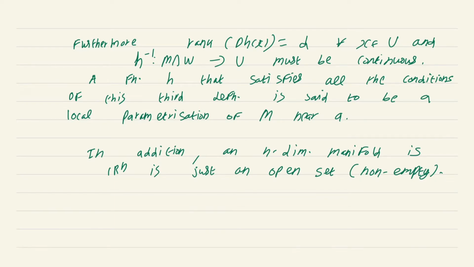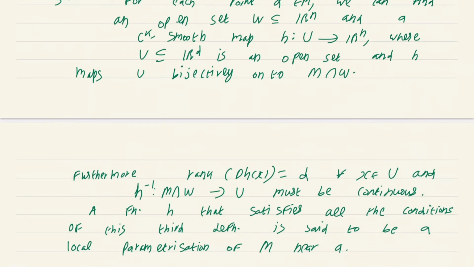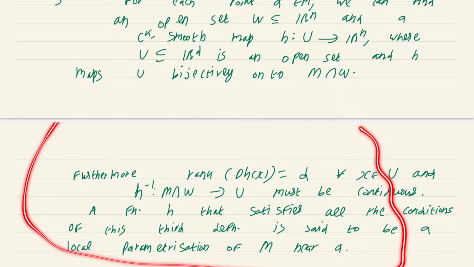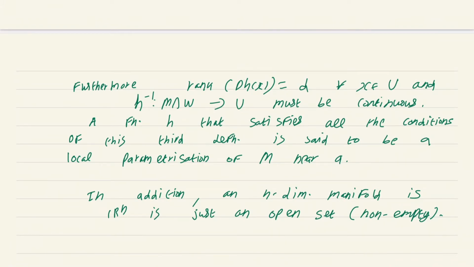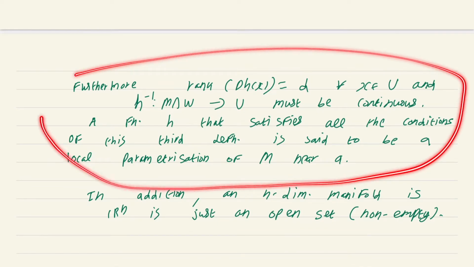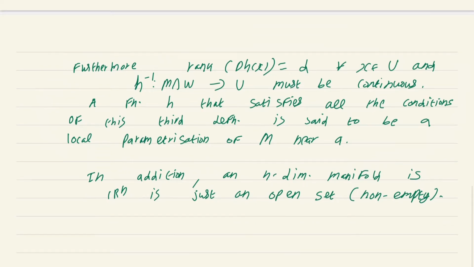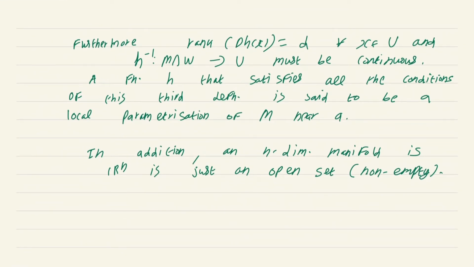Okay. Now final comment, sometimes we have a map H from an open set U to the manifold M that need not satisfy all these conditions. Okay, we have a lot of conditions. This map H need not satisfy all of this. So H nevertheless sort of parametrizes M near this point A, but it doesn't parametrize it nicely in the sense of this definition 3. But we will often have to consider such maps. In fact, what will happen is we'll have a global smooth map H from an open set U to M, that may not be full rank at all points and so on.